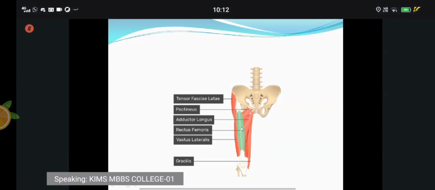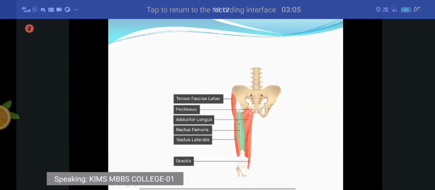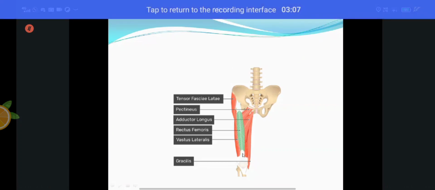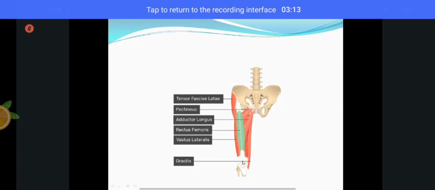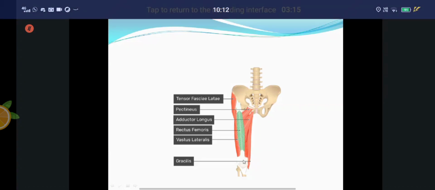And this is the rectus femoris. Insertion I will speak about later, or else you can see it is inserted into the base of the patella, right?